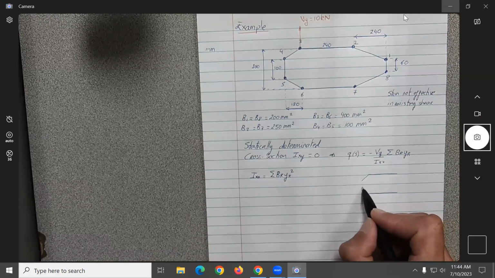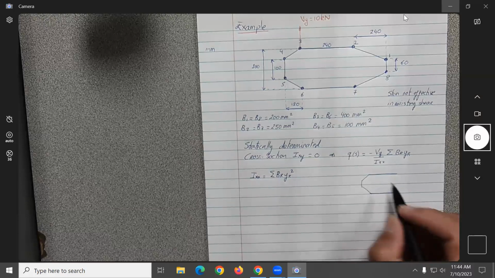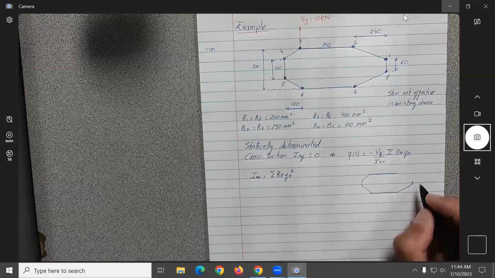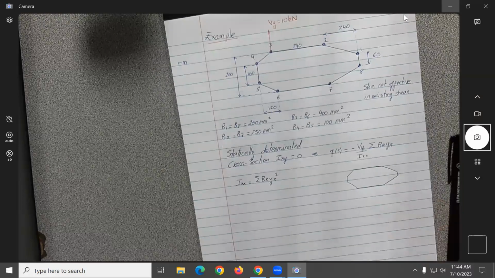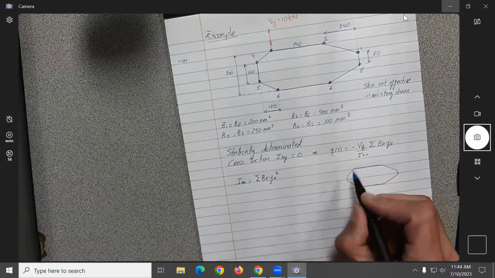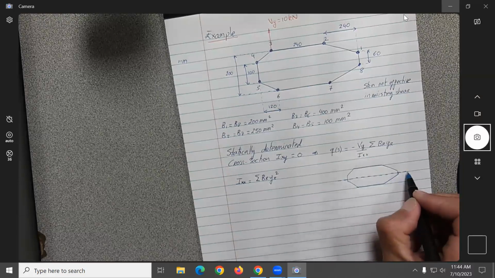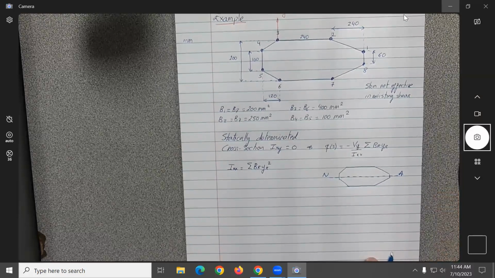I'm going to do a bad figure, but it doesn't matter. This one should be half of this one. It's not a good figure, but doesn't matter. As you mentioned, if this is symmetric, the neutral axis is going to go straight through the middle.